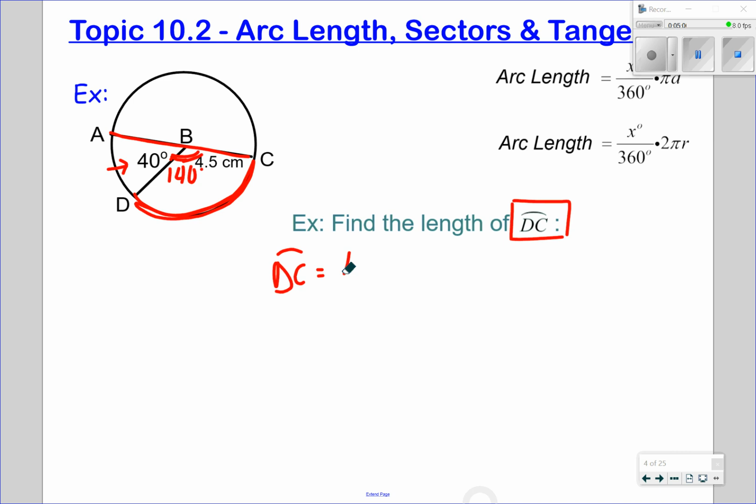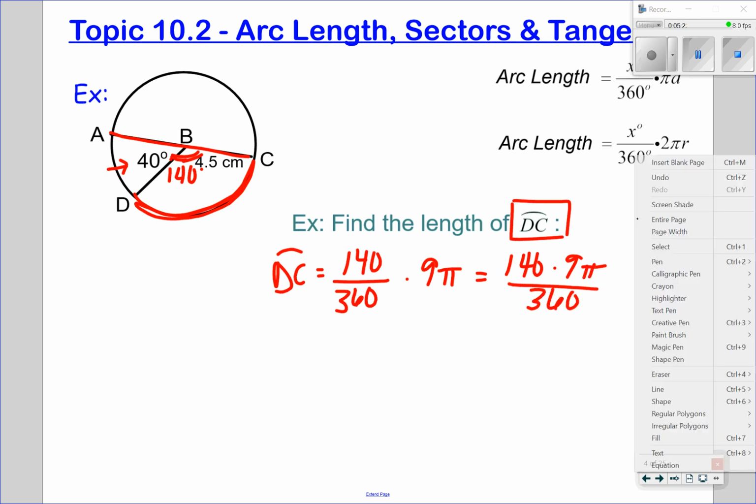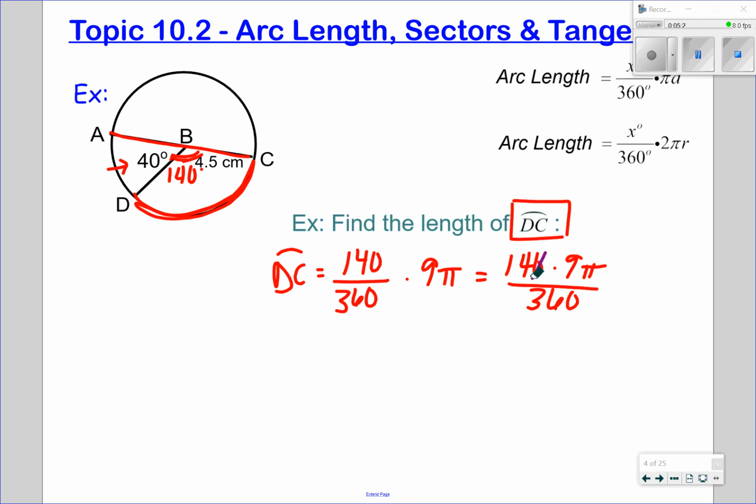So for arc DC, the length of it would be 140 over 360, times our same circumference, 9 pi. This time, you should end up with 140 times 9 pi all over 360. If you start to reduce now, you can think to yourself, well, I can divide by 10, okay?